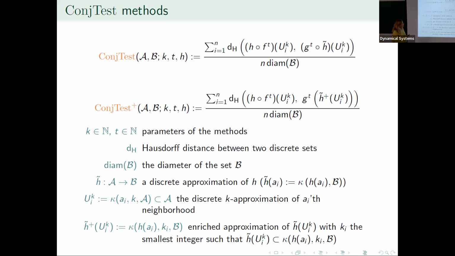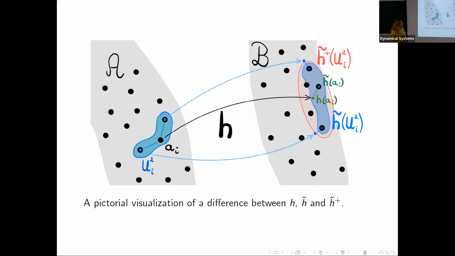I think I will go to the picture to explain what's here. So we need to, in particular, know what H tilde and H tilde plus are. This is a picture where k equals 2. We have some point, let's say A_i, and we look for its two nearest neighbors. So these are these two points.